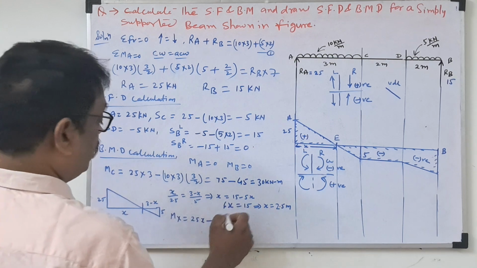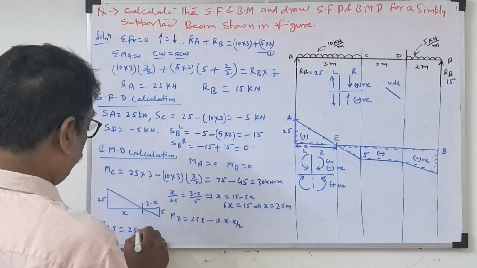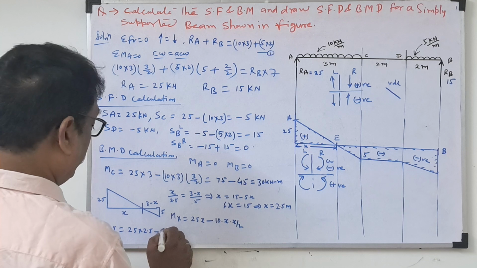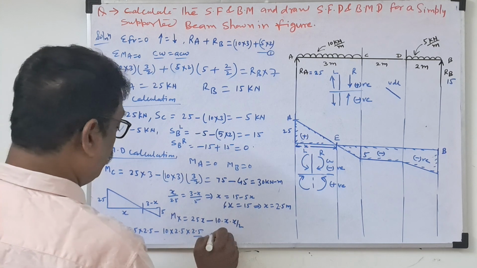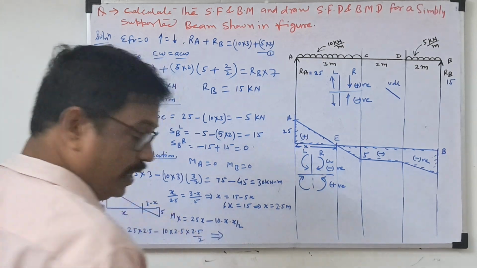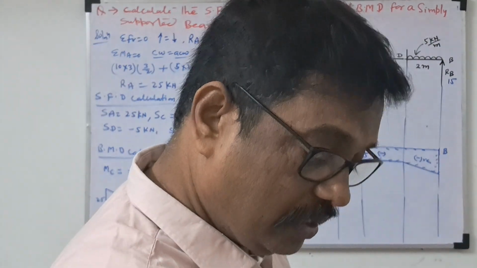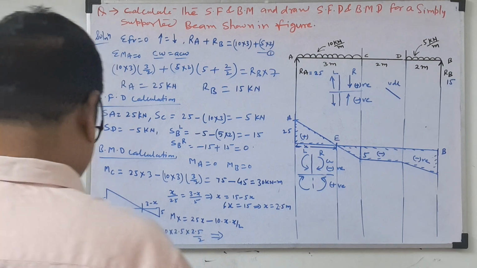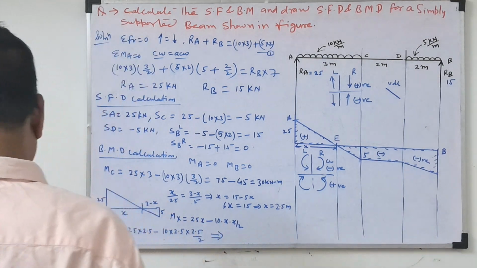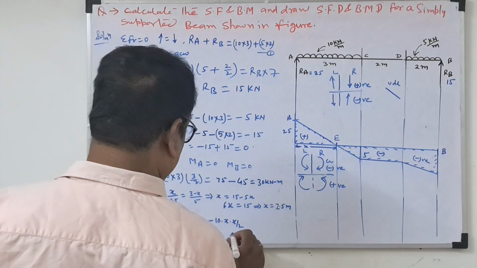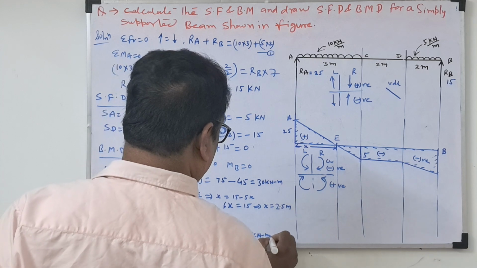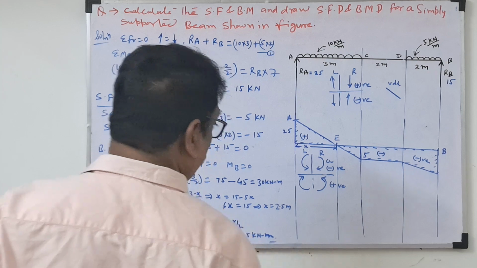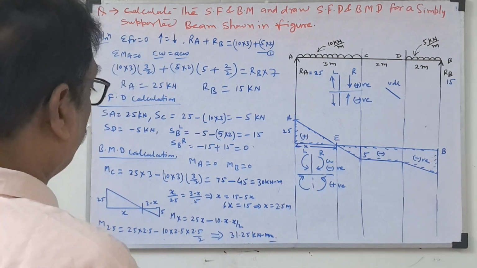How much will come? 25 into 2.5 minus 10 into 2.5 into 2.5 by 2. So you will get this value, M 2.5. It will come 31.25 kilonewton meter. This is the maximum bending moment we know.